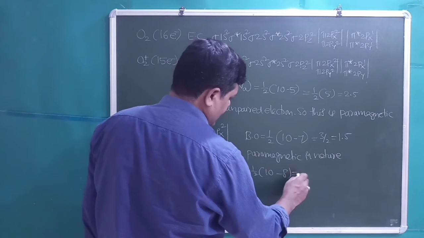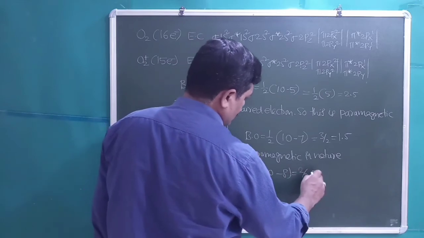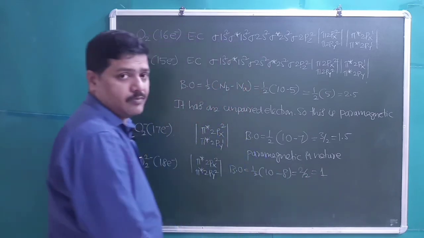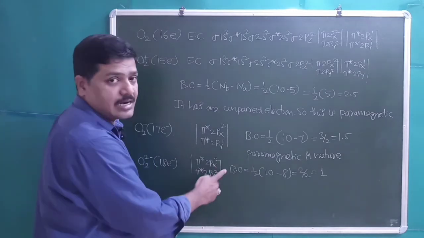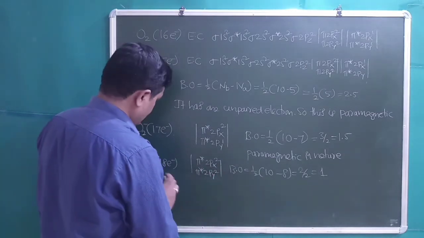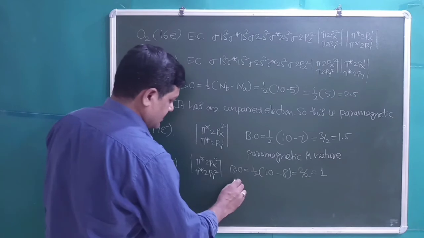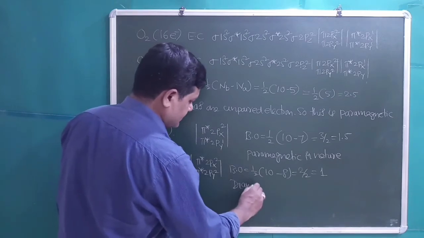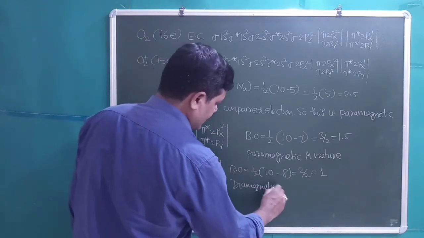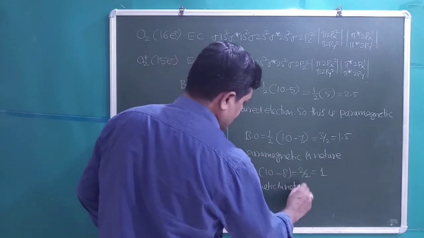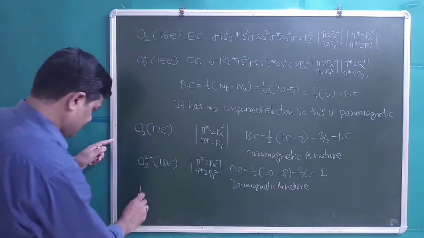So 2 by 2 is equal to 1. Bond order is 1. And it does not contain any unpaired electrons. So the species ion is diamagnetic in nature.